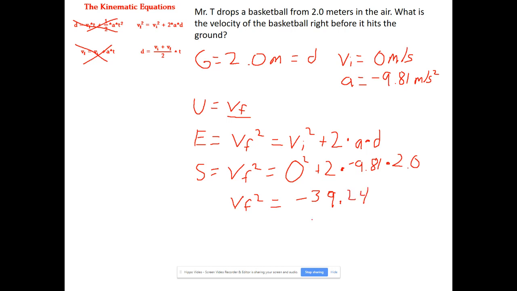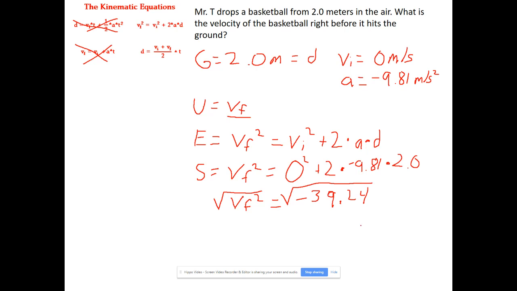All right, so now we're running into a problem. We have v_f squared over here, so to solve it, we should take the square root. The only issue is we're now taking the square root of a negative number. For those who remember from algebra class, you can't take the square root of a negative number.